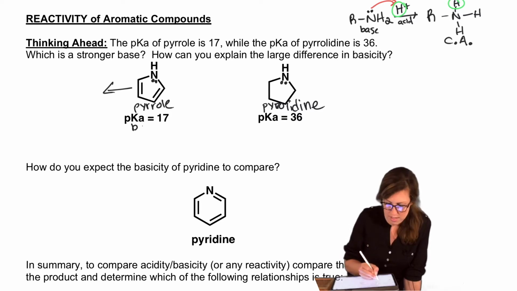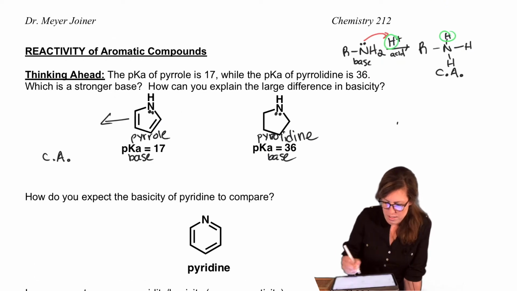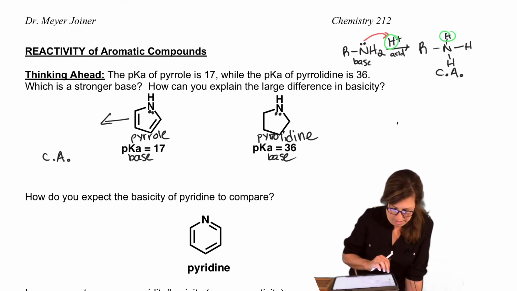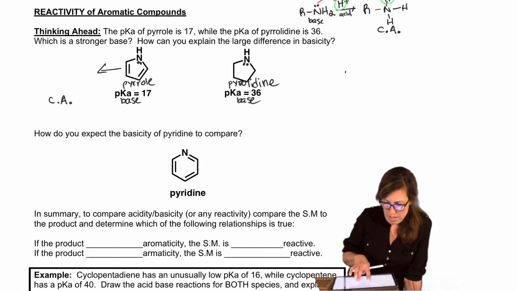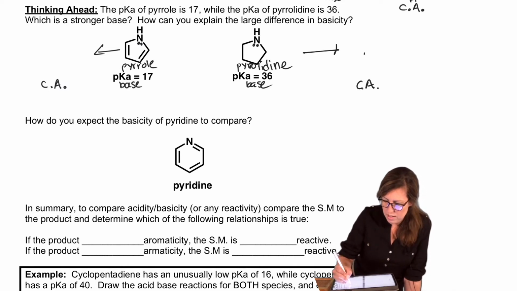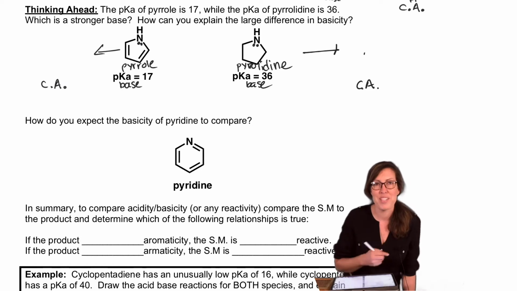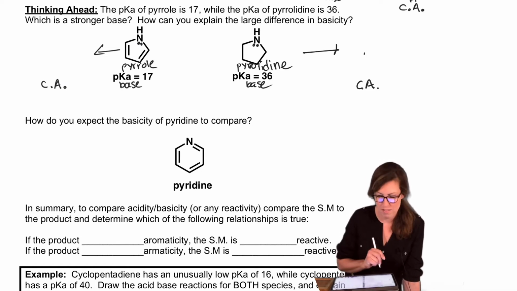So if this is a base and this is a base, we're going to draw out the conjugate acid. If you were asking who is the stronger acid, we would draw out the conjugate base. Okay, so let's zoom in here. And then we compare which conjugate acid's worse to form. Aha, that'll tell you which base is more reluctant, hence weaker, right?